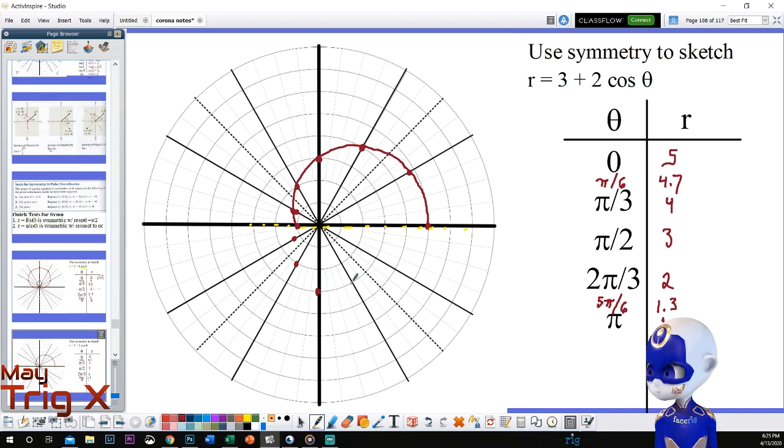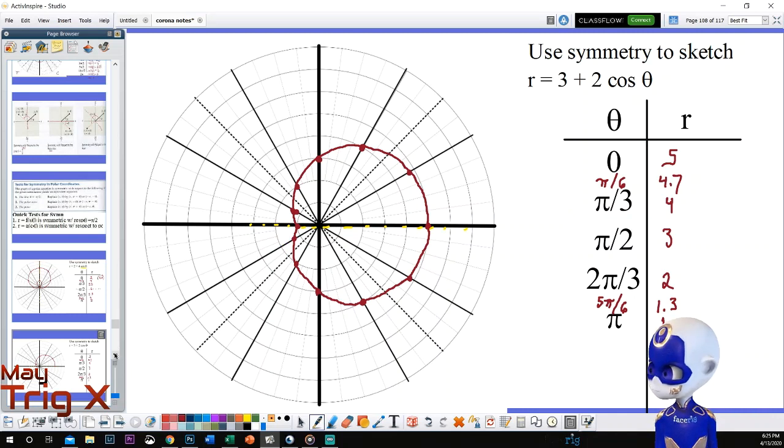My next dark line is here, it was at 4. Next dark line is here, it went to 4.7, sorry. My next dark line is here, and that went to 5, which is where my point already is, so that's a good sign. So I'm going to connect those dots. Pink and pink. Ooh, that's pretty. It's got a cute little dimple there.